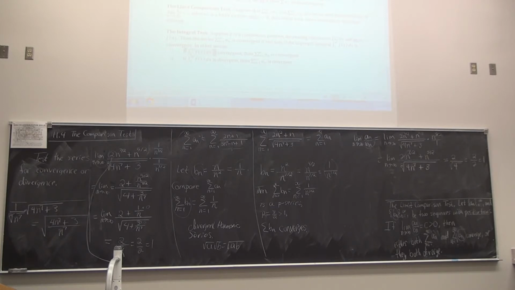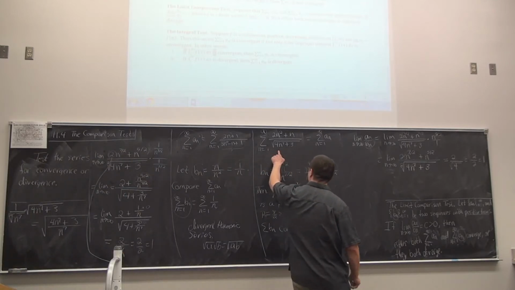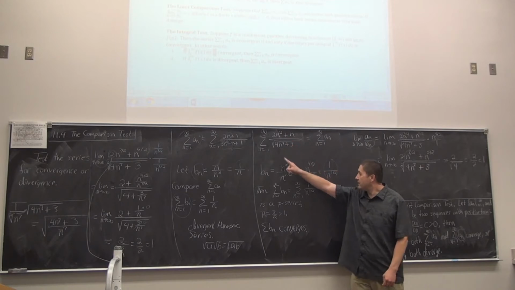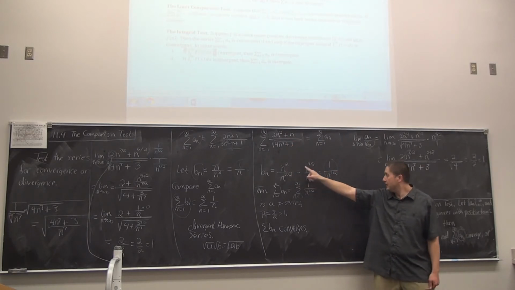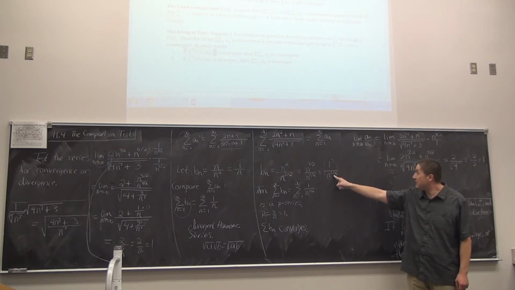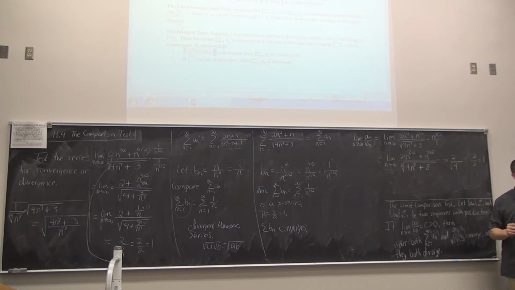Okay, this problem was so long, let's recap what we've done. We're testing this for convergence or divergence. So we took n squared, n to the power 7 halves down below, and this is what we're going to compare it to. It turned into this, which is a convergent p-series. So now in the test, we take the limit of the ratio a sub n divided by b sub n, and we got a limit of 1, which is bigger than 0.